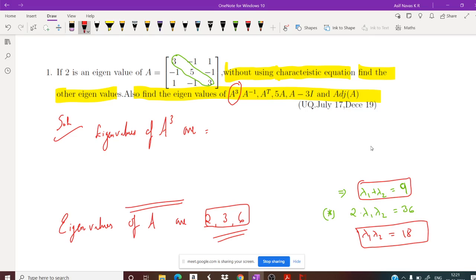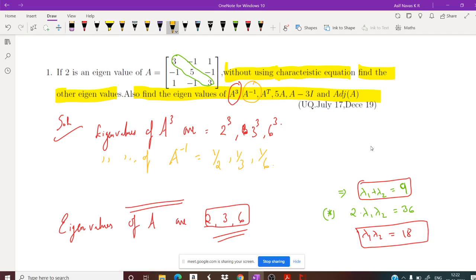Then for A cube, by the property, the eigenvalues are 2 cube, 3 cube, 6 cube. Now, what are the eigenvalues of A inverse? They are 1 by 2, 1 by 3, 1 by 6.